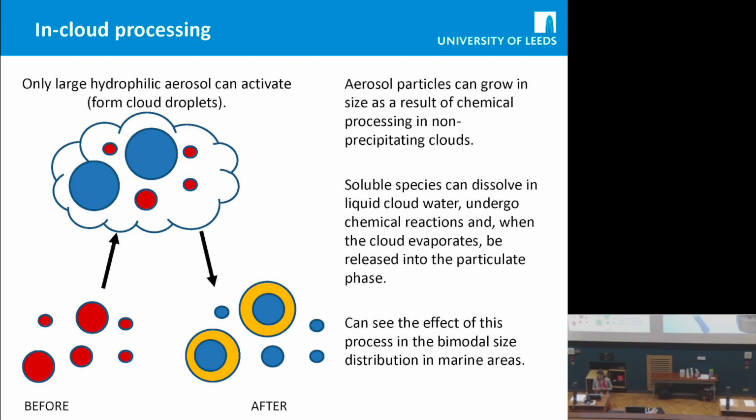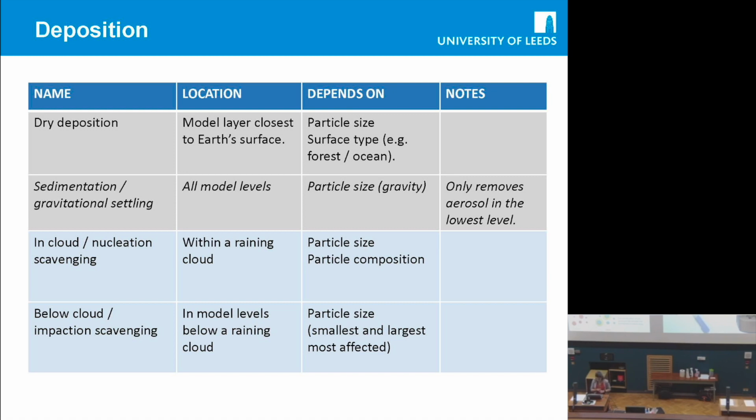And this can create the sort of bimodal distribution that we saw in some of those early size distributions, because essentially your smaller particles are being transformed into larger ones.